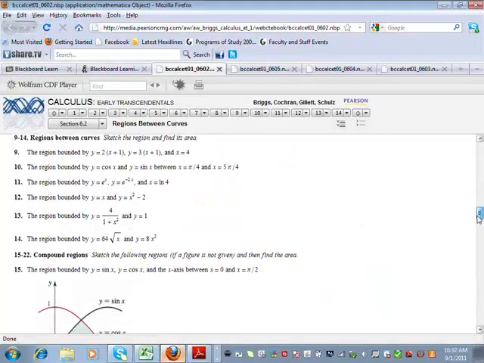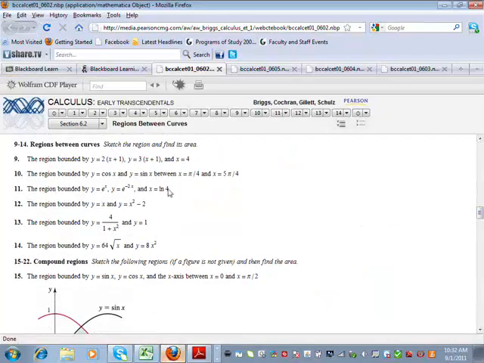And then here are a bunch where it's just like, you sketch the region, you find the area. So here again, this plot, and you're doing the same thing as these other ones, okay? Any ones that are interesting, let's do 13. So the region bounded by that one. Yeah, let's do 11 and 13. I thought we just did x and x squared minus 2. Didn't we do that? Yeah, okay.